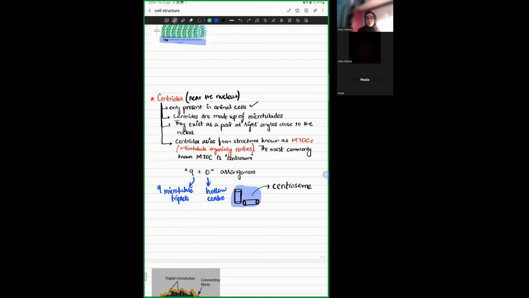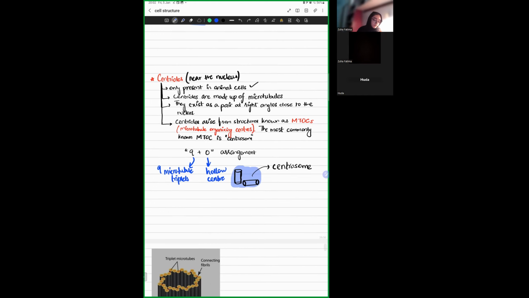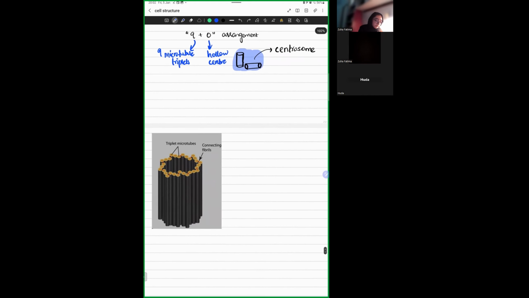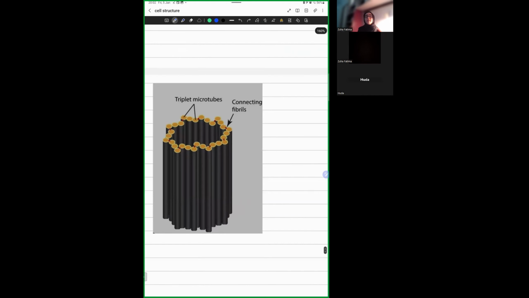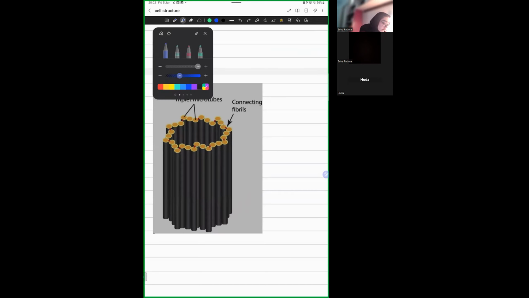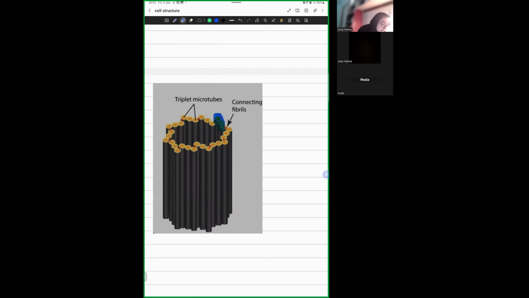Is the structure of centriole clear to you? Any questions? So over here, this is exactly how a centriole looks like. This is one triplet, second, third, fourth, fifth, sixth, seventh, eighth, and ninth.